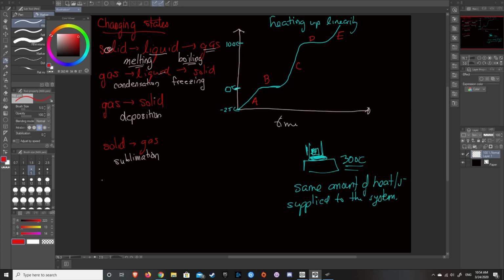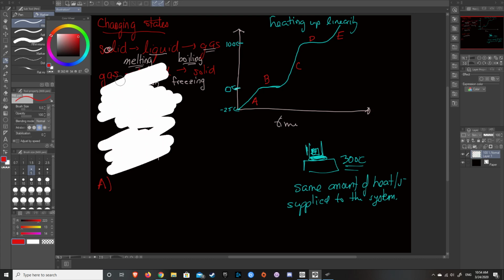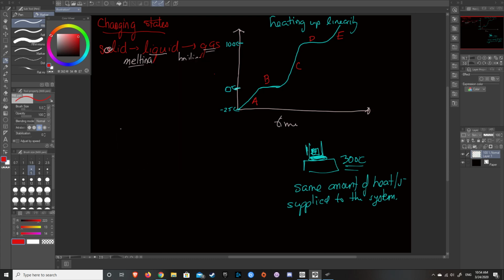So we're going to talk about what's happening in section A. I'm just going to erase this. I got more space actually. Hopefully you've got those words written down so that this next part makes a little bit more sense. So section A, what's occurring is that all particles, or all atoms, are in the solid phase.